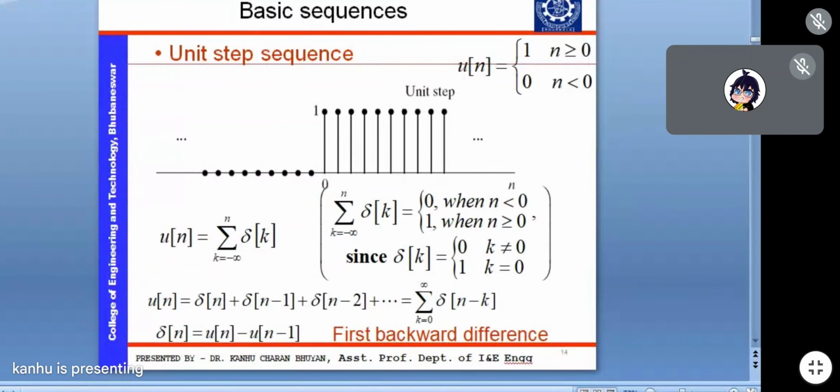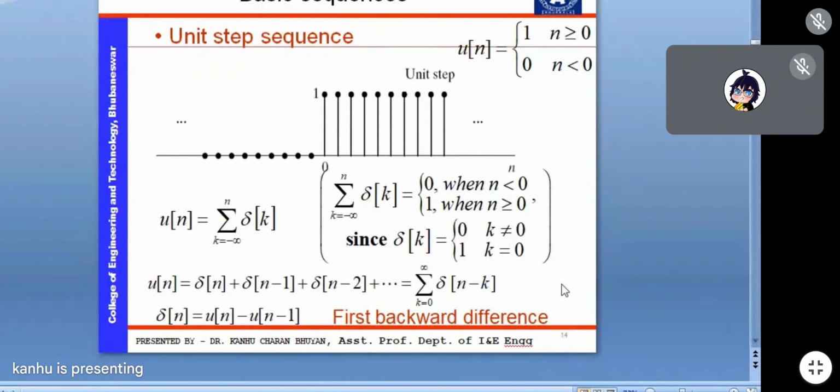Now see, the unit step sequence u[n] = 1, also represented in that form, is called the first backward difference. It's a continuous process: unit step, unit impulse, the summation from 0 to infinity.